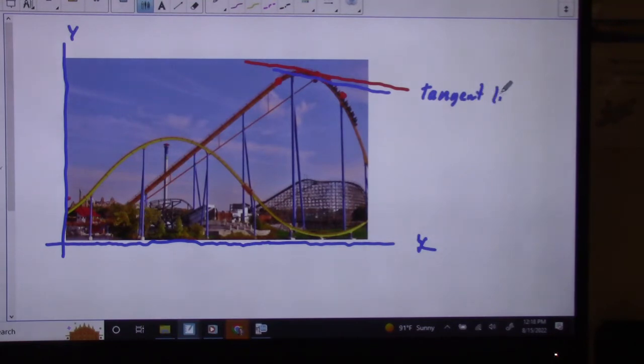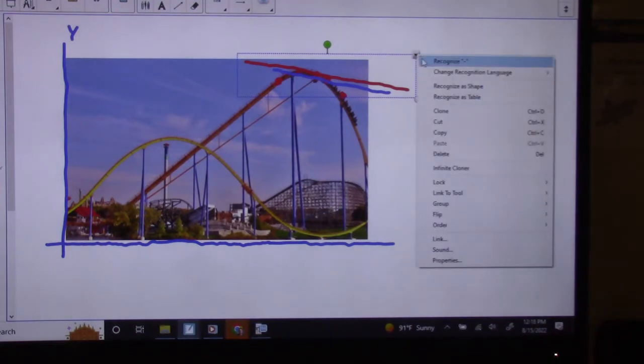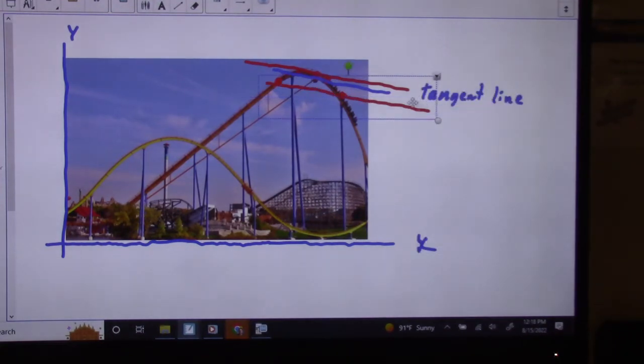One of the things we're going to be doing is finding the equation of a tangent line. So again, I'm going to take this and clone it. Clone. There it is. Here's our original secant line down here.